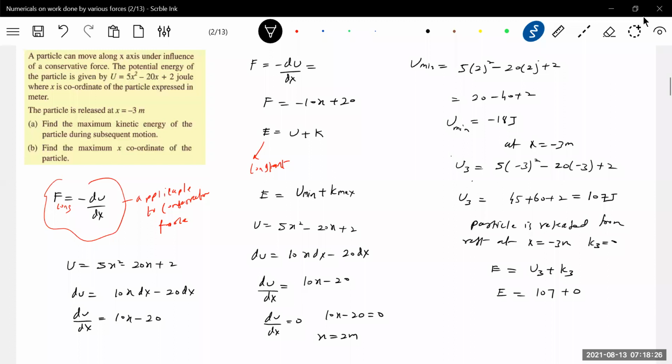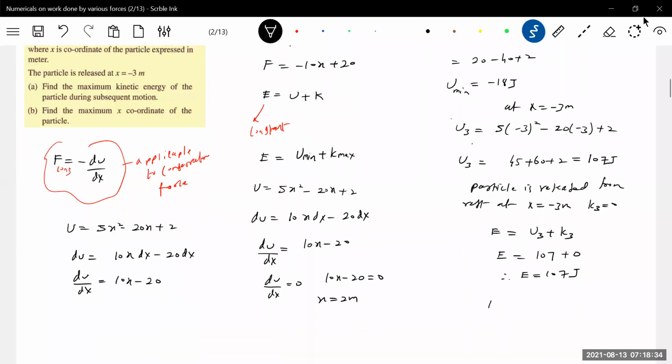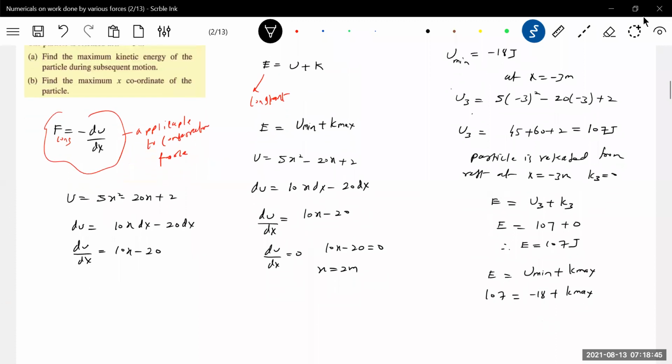This is the total mechanical energy. Now we have to calculate that K max, no? So E equal to U minimum plus K max. So 107, and we know U minimum is minus 18. So I'll get K max as 125 joule.